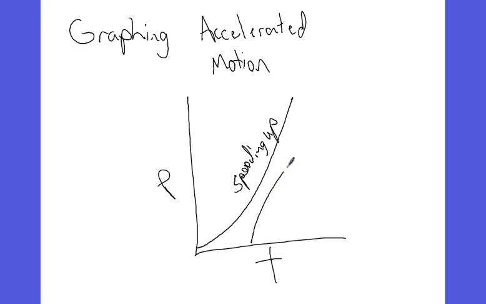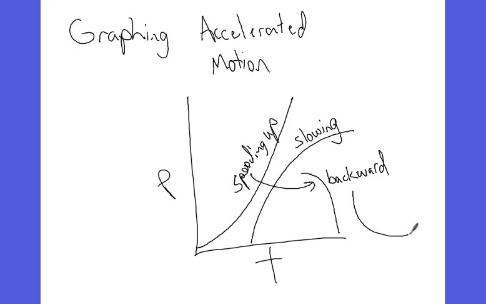If you're slowing down, it would look like this. And then you could be speeding up backwards, like this, or you could be slowing down backwards.